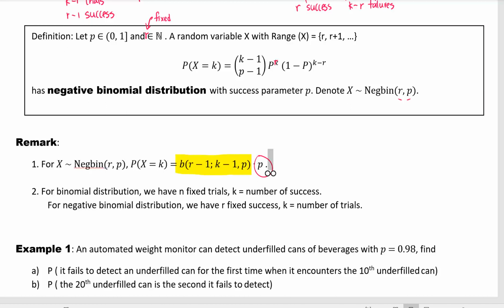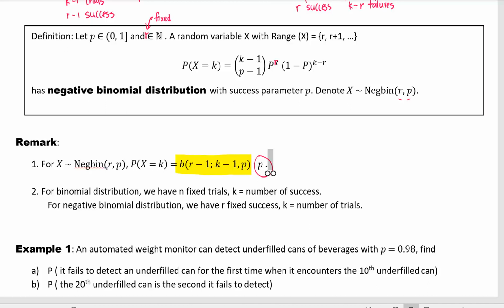So for binomial, the number of trials is fixed and the number of successes varies; for negative binomial, it's the opposite. Because it is quite related to the binomial distribution, the name is negative binomial distribution.